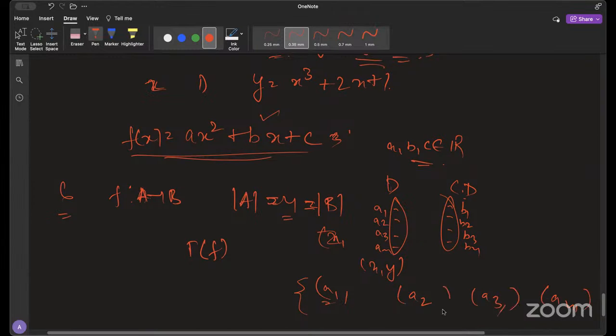You should have these things because if this is a function, you should have an image for every element in the domain. So A1 should have an image, A2 should have an image too, and all of these should have an image. But B1, B2, B3, all of them don't have to be here.